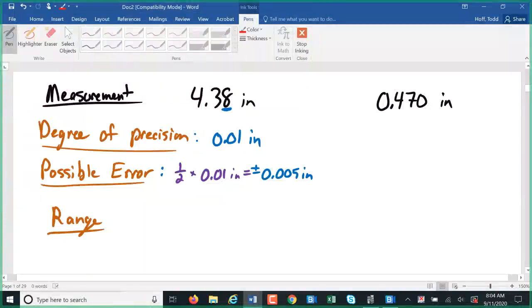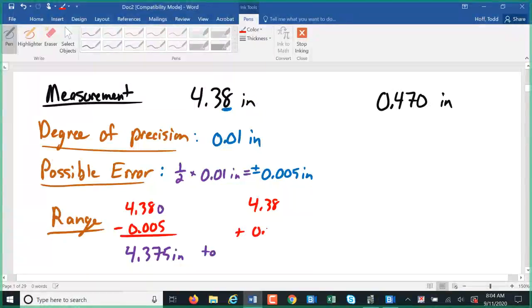So my range: take my 4.38 minus 0.005. Adding my 0 in there, this is 4.375 inches, to my measurement of 4.38 plus 0.005, giving me 4.385 inches.